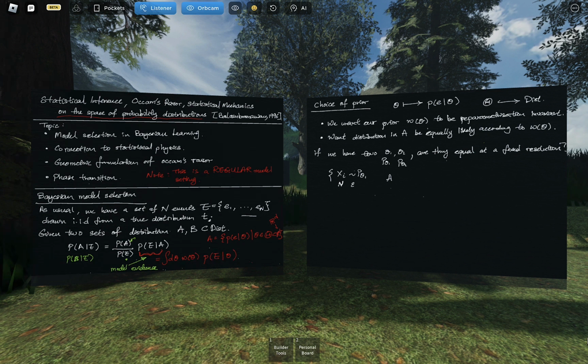Another way to get to the desired prior distribution would just be going from information geometry.